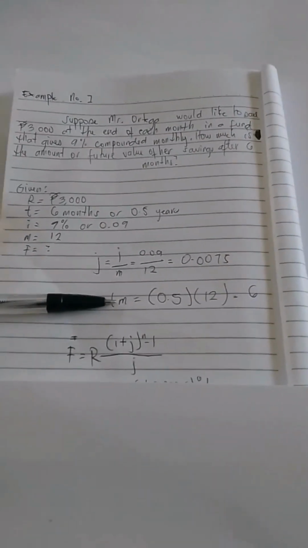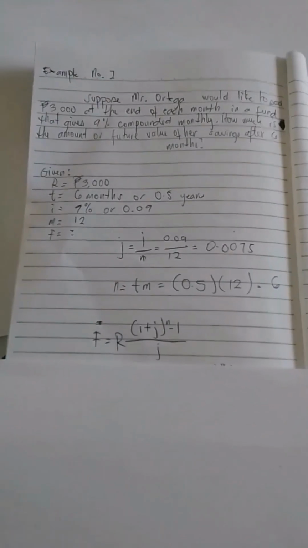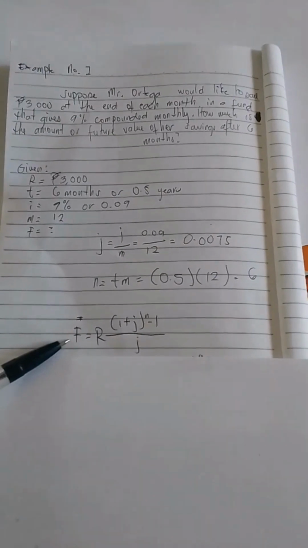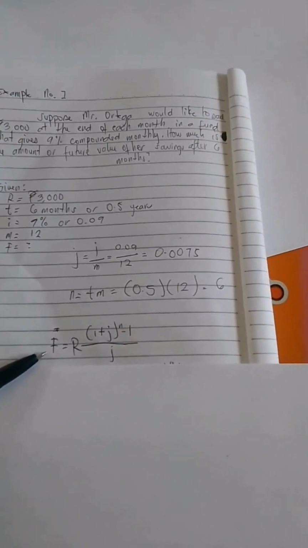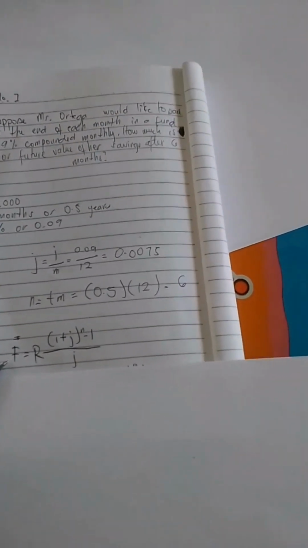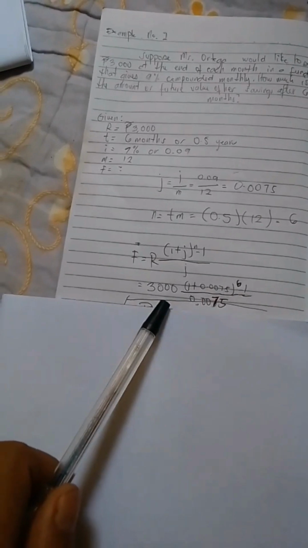So let's find the future value. This is the formula for getting the future value: F is equal to R times 1 plus j raised to n minus 1 over j. So we need to compute this.